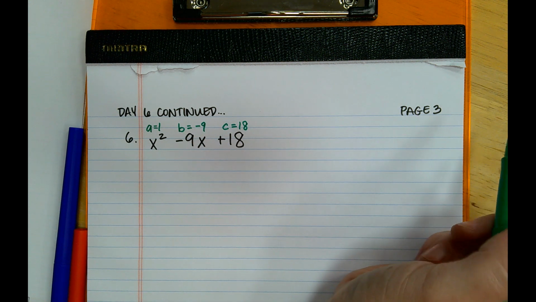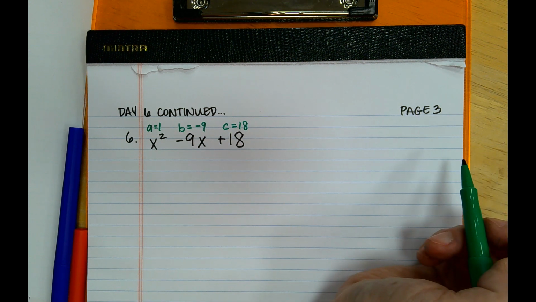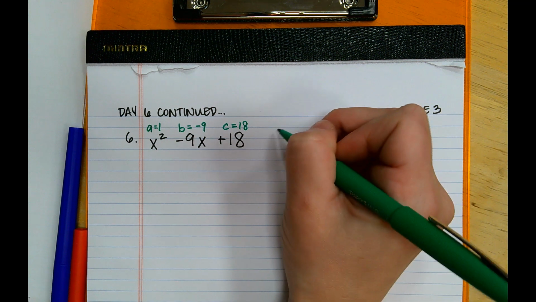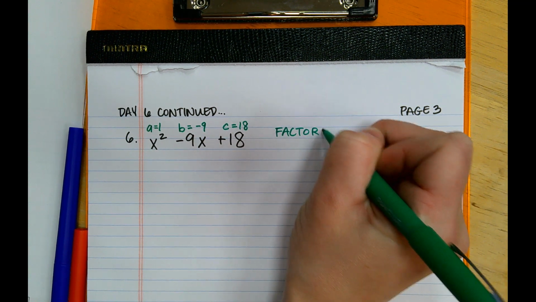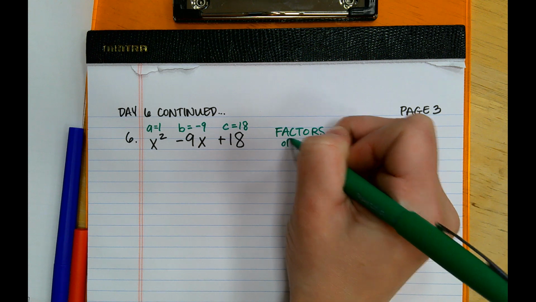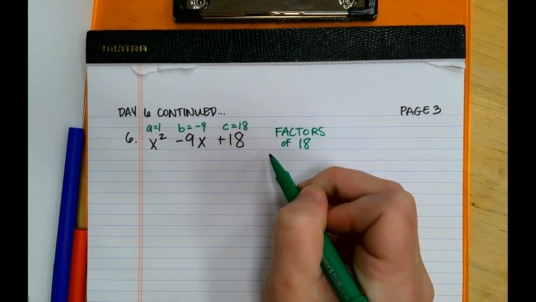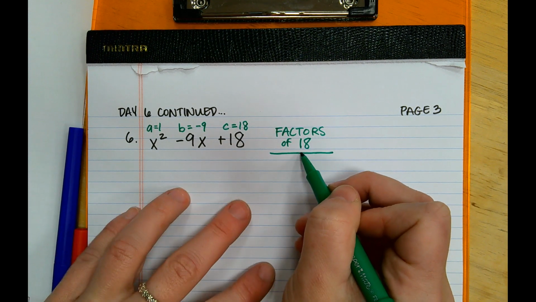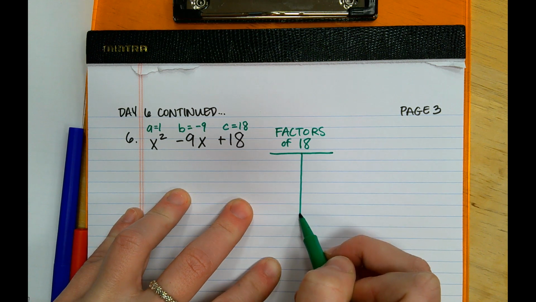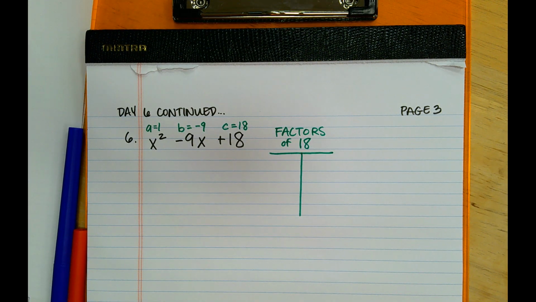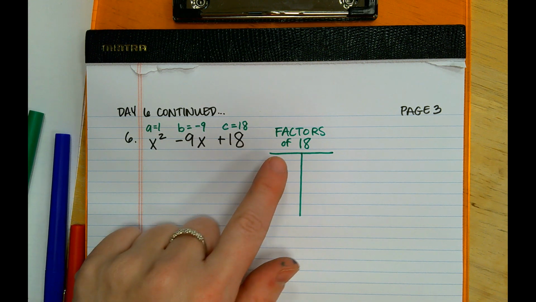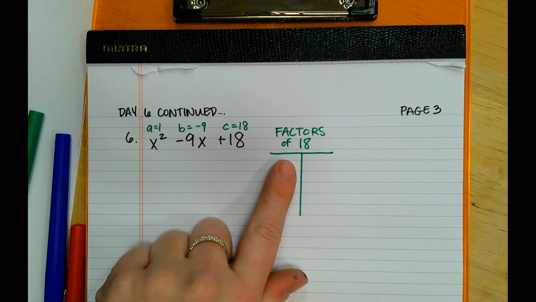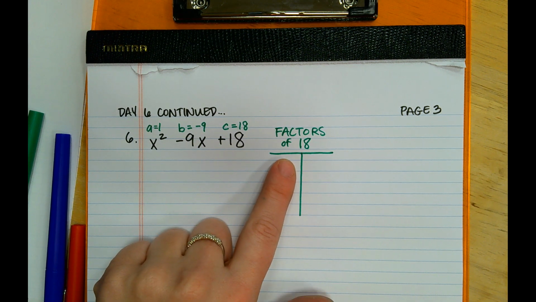So which number are we going to start finding factors of? 18. That's our C. So I'm going to write out to the side factors of 18. Now, if you remember back to the multiplication rules with negatives and positives that we talked about before starting this worksheet, when we have a positive answer that we're looking for the factors of, we have 2 options.